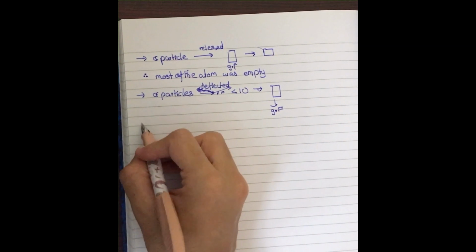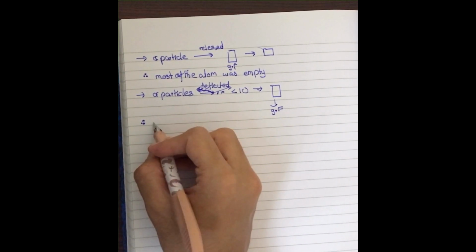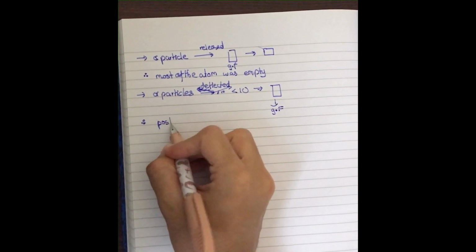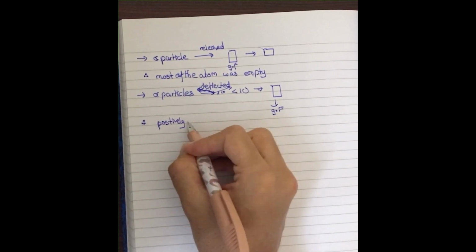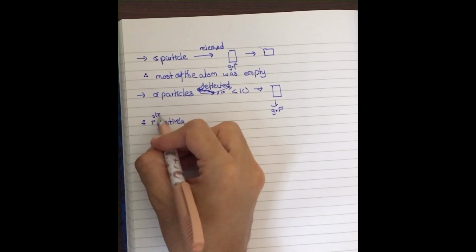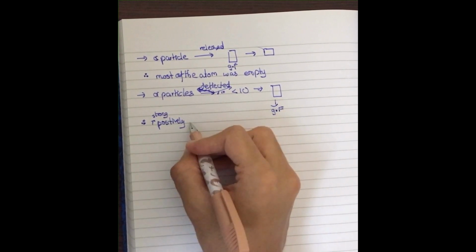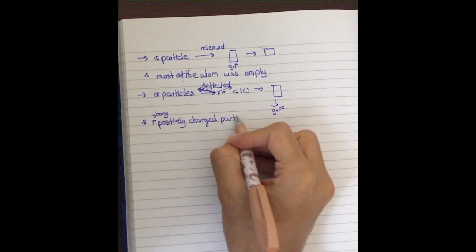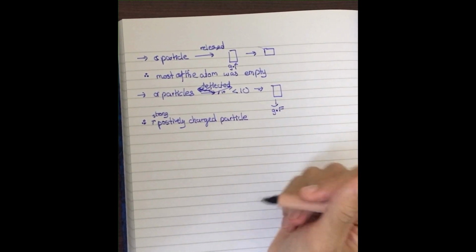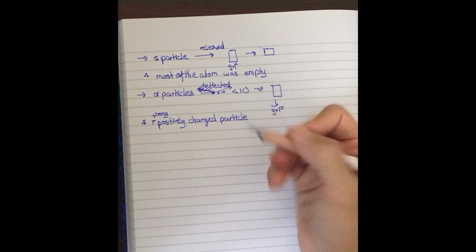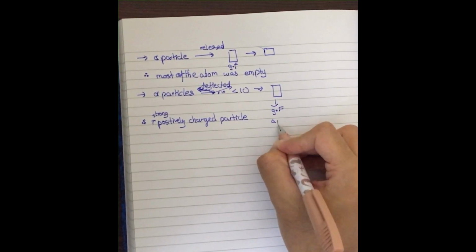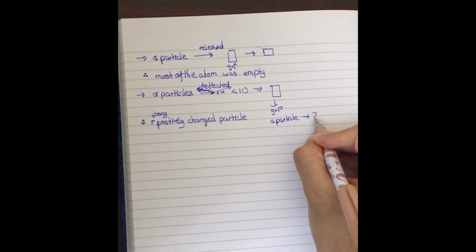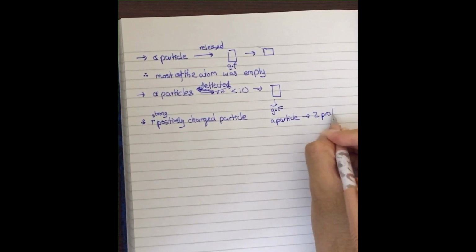So he concluded from this that there is a strong positively charged particle. He didn't know what the particle was, but he knew that it was strongly charged, because an alpha particle contains two protons, right.